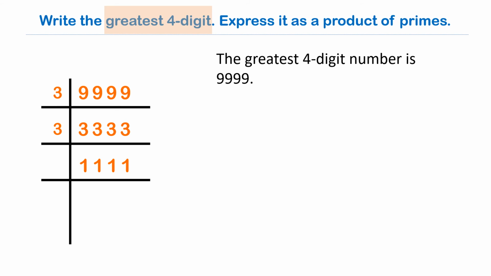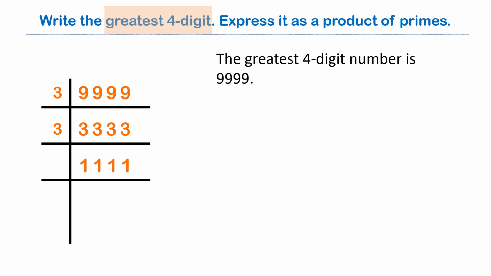Now, we take the next prime number 5. To check whether 1111 is divisible by 5 or not, we see the last digit. Since the last digit is neither 0 nor 5, 1111 is not divisible by 5.